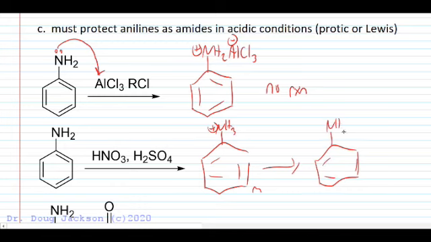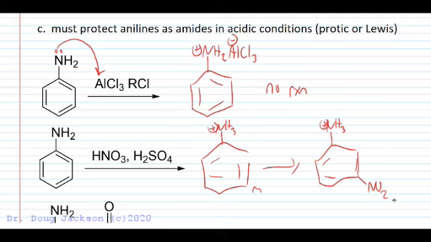If anything, you will nitrate in the meta position, because you've deactivated the ring by protonating the nitrogen. So we listed NH3 plus as one of our strong deactivators and meta directors. Okay, and if you keep heating it, you might even get a second nitration. So that's NO2 right there. You could get a second nitration as well.